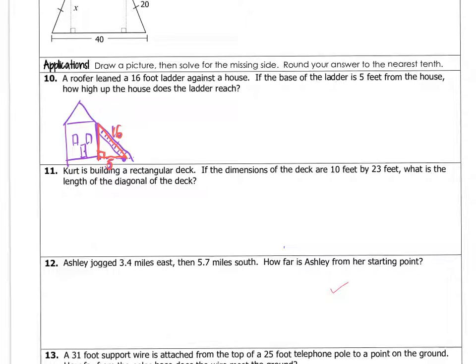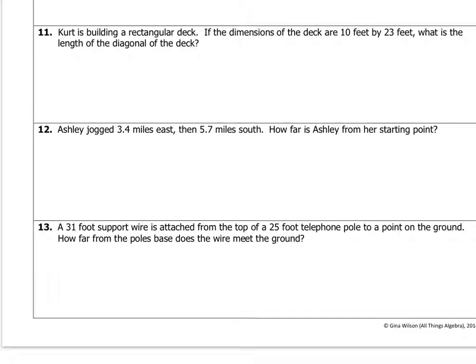So it's asking me for the other leg. So it's simply c squared equals a squared, which I call x here, which is the height, plus b squared, which is 5. And your x should come out to be 15.2. Okay? So that wasn't too hard.